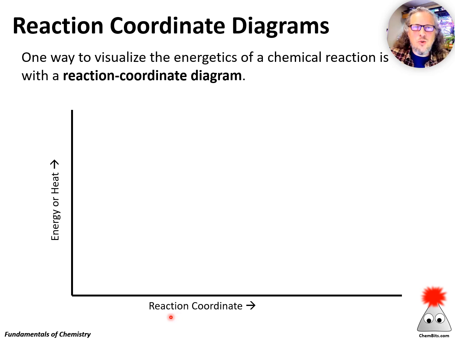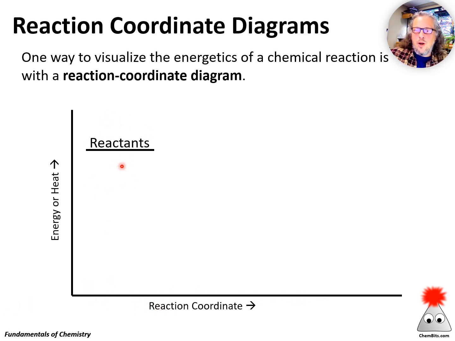A reaction coordinate is really anything that we can monitor to watch the progress of a reaction. On the left of our reaction coordinate, we're more on the reactant side, just like in a chemical equation, where the left is reactants. As we move left to right, we're moving from reactants to products.